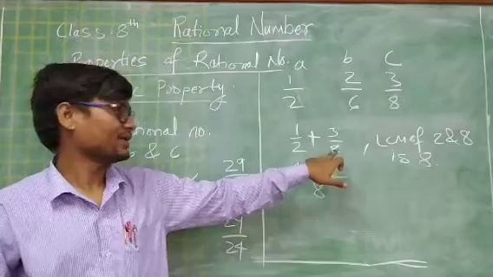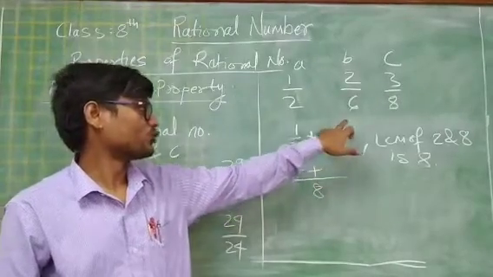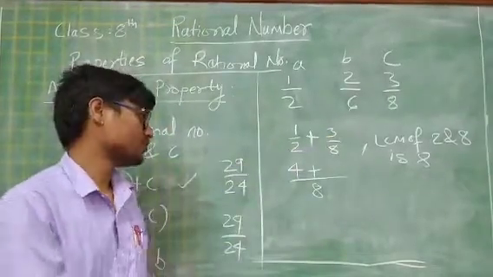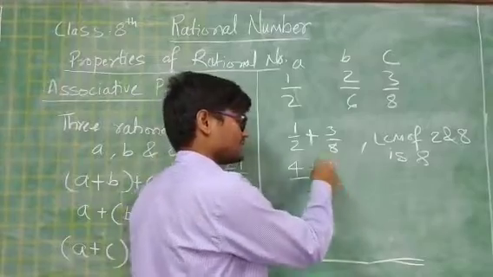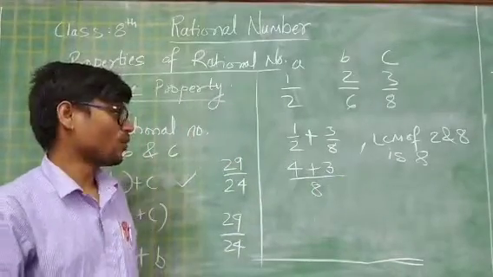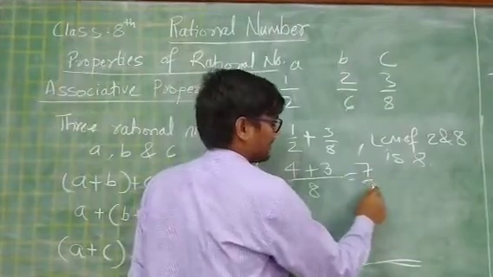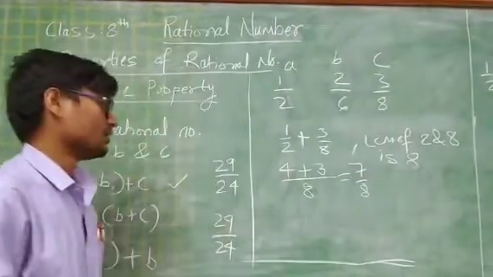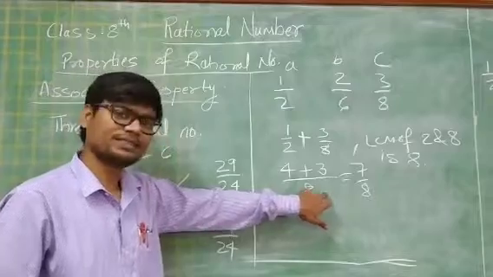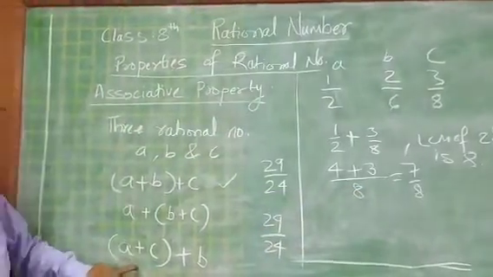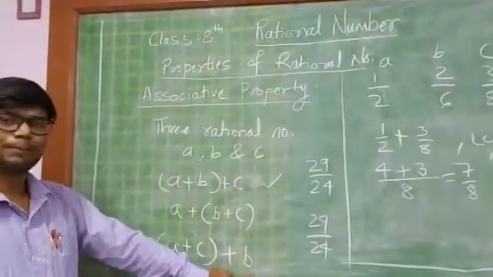Since we are multiplying with 1, we should multiply this 3 also with 1. So 3 into 1 is 3. So the sum of a and c is 7 by 8.